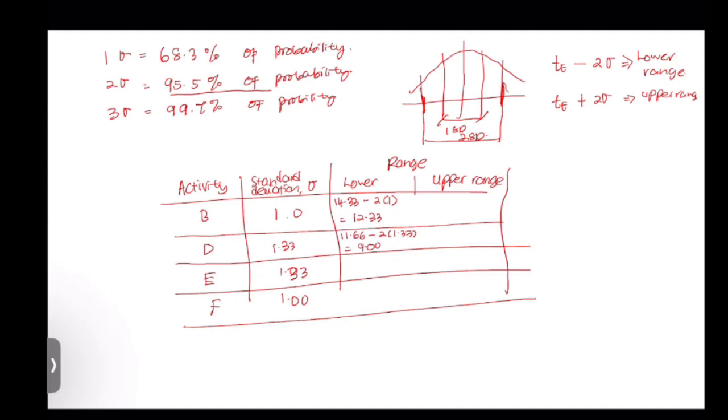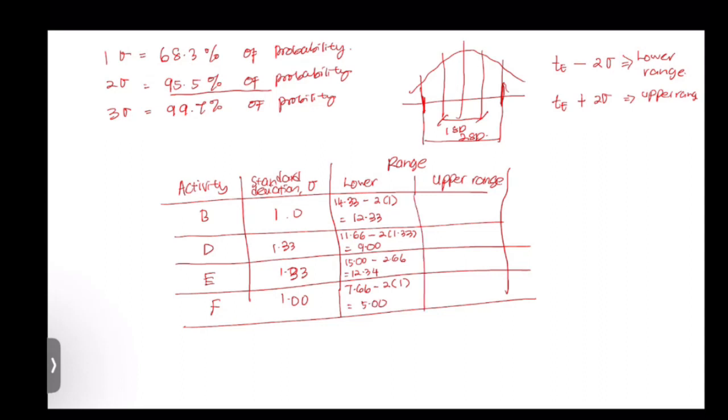Okay, for activity E, the total expected time is 15 minus 2.66, which gives 12.3, and the last one 7.66, the total expected time, minus 2 times 1, which gives 5.00. So that is for lower range.